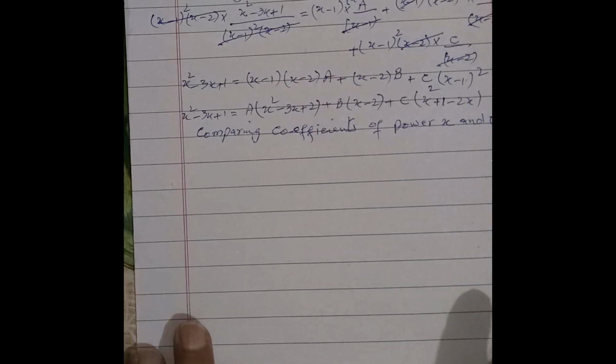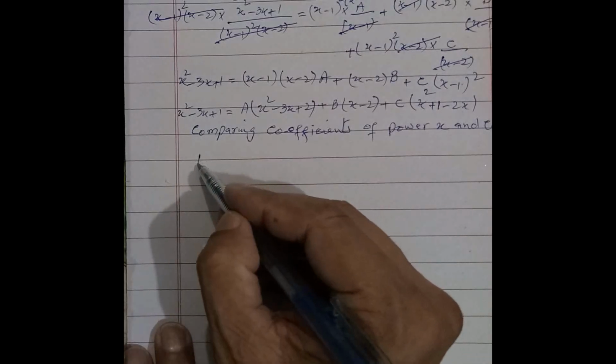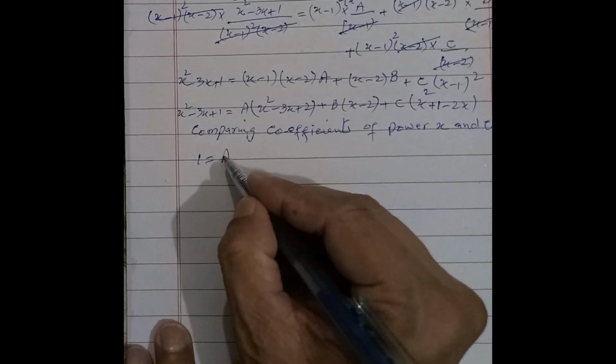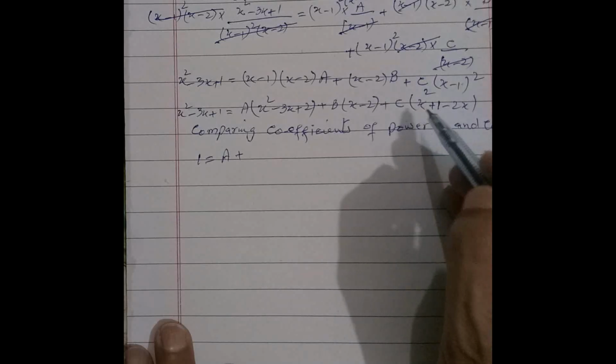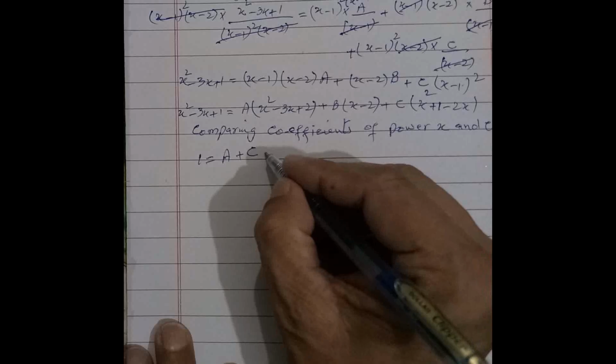So the first equation we get is, for x square, 1 is equal to a plus c, and it is our first equation.